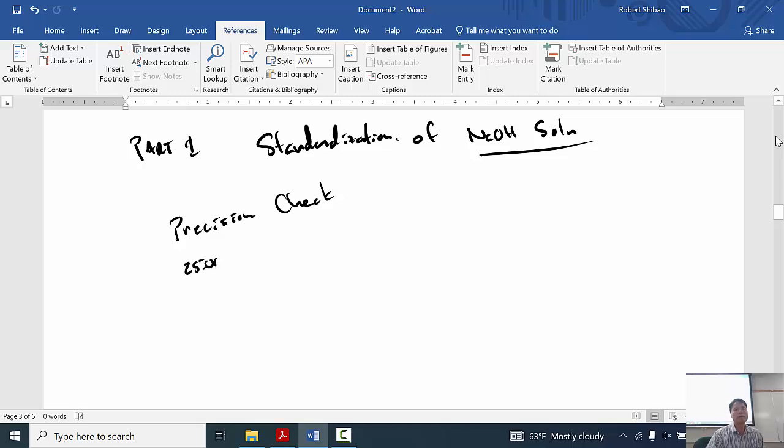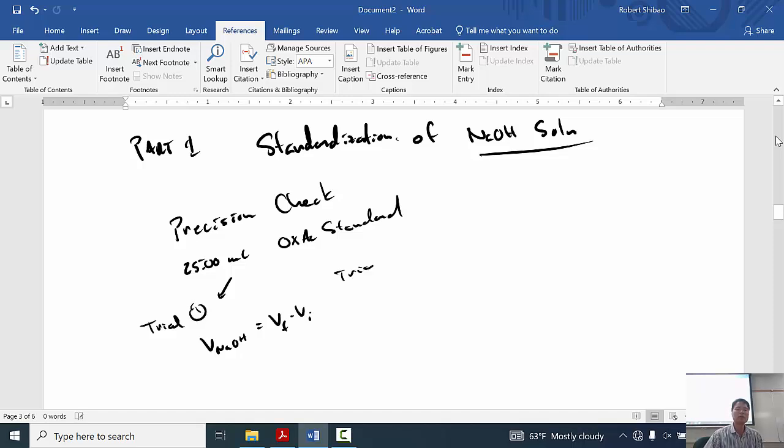We're going to be using 25.00 milliliters of AC standard. And then in trial 1, we're going to get the volume of sodium hydroxide. The volume of sodium hydroxide is V final minus V initial. It's trial 1. Then we're going to go to trial 2, get the volume of sodium hydroxide. And then trial 3, get the volume of sodium hydroxide.